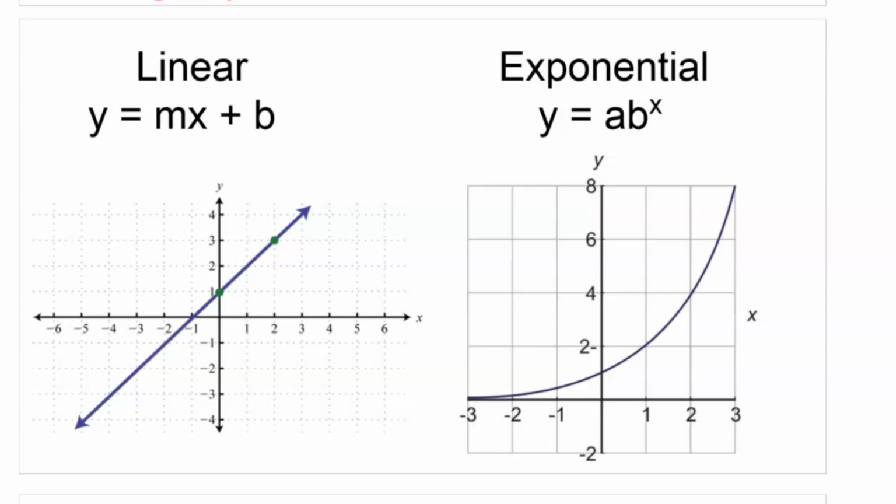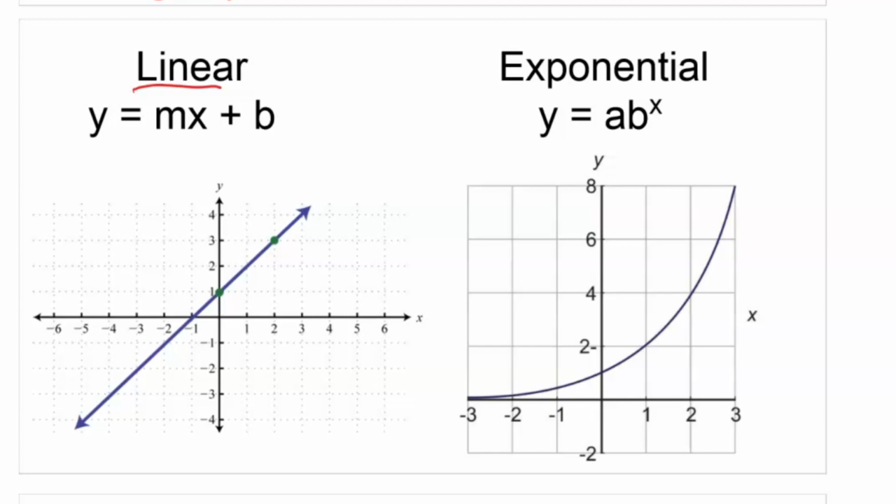Here are a couple examples of what the graphs look like. So a linear graph looks like a line. That's why it's called linear. You can see there's the word line in there. So a linear graph just looks like a straight line. An exponential graph is a curve like this.